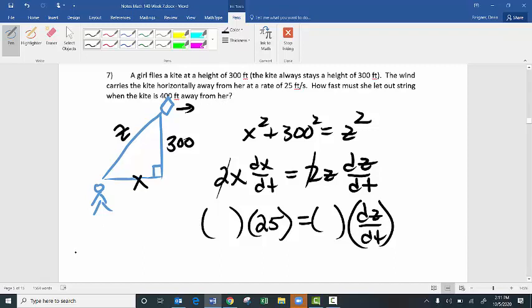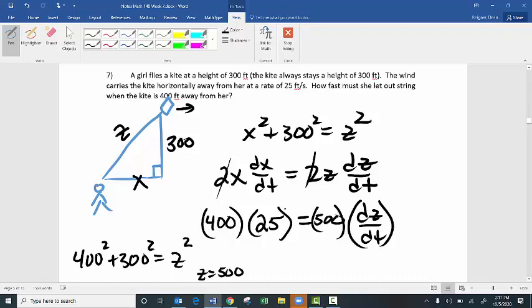So what you do is you plug 400 back in for x, and then you can find z. So 400 is x, which goes here. So this is our, if you remember this one, this is our 3, 4, 5. It's a Pythagorean triple. I like to use Pythagorean triples a lot. So z is 500. It just makes the math a little easier.